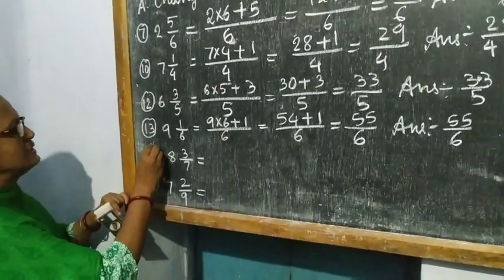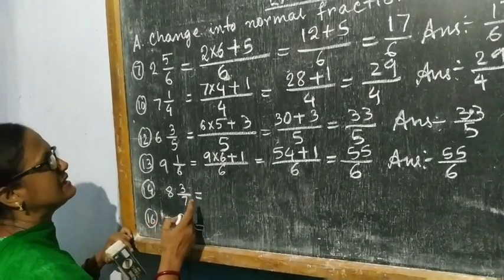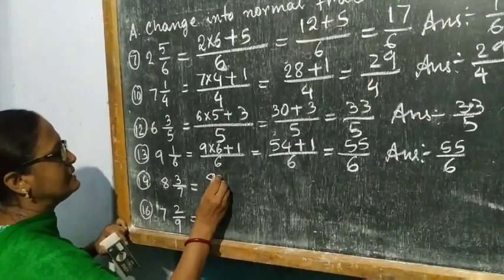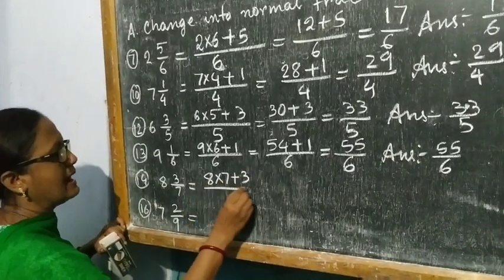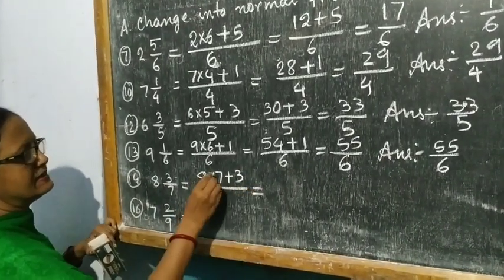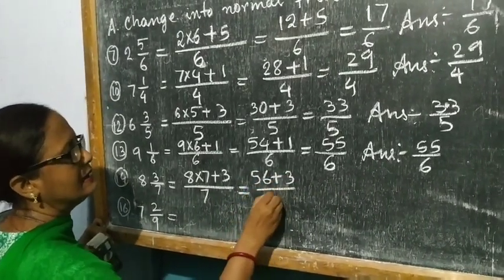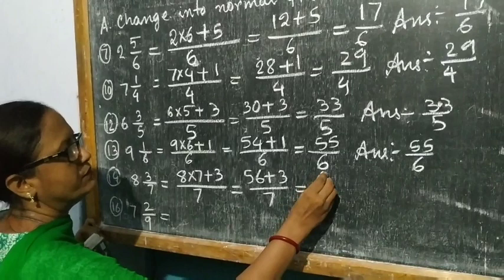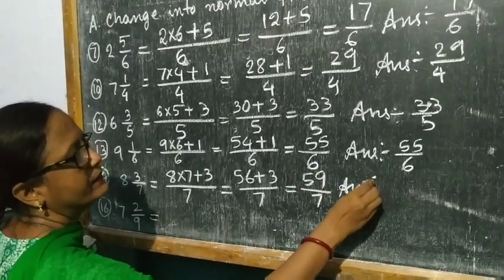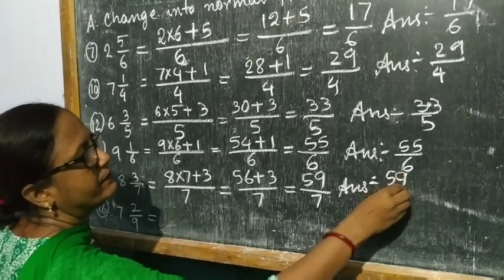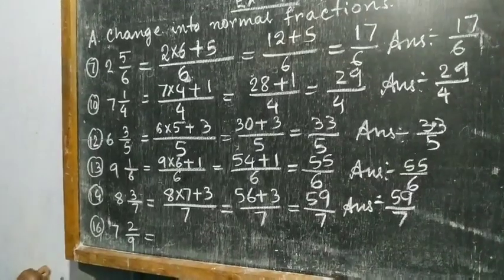Next, sum number 14: 8 3 by 7. So it is a mixed fraction. So 8 into 7 plus 3 by 7. 8 sevens are 56 plus 3 by 7, so 59 by 7. So the answer is 59 by 7 and it is a normal fraction.